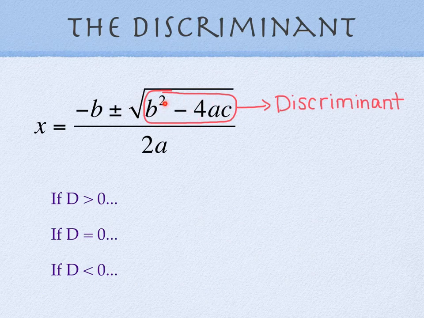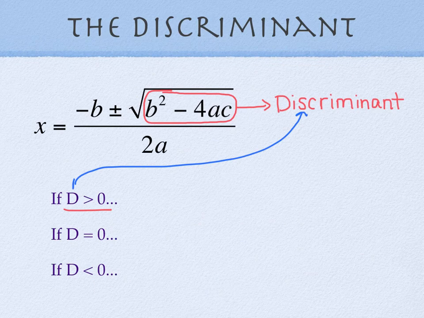So if this number down here is positive, if when I do b squared minus 4ac and that comes out positive, and then I take a square root, aren't I going to have 2 answers? We've been talking about that since way back at the beginning of this chapter, that positive numbers have 2 square roots. So this says if D, that's the discriminant, D is referring to the discriminant, which is this b squared minus 4ac.